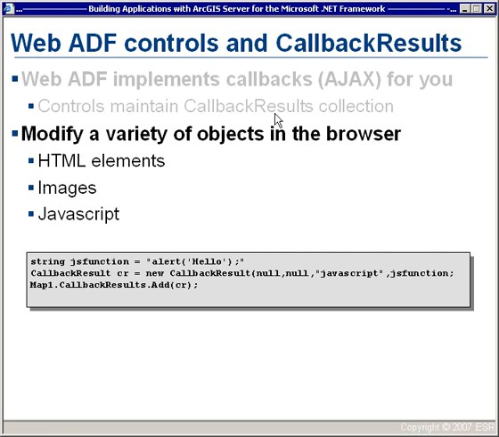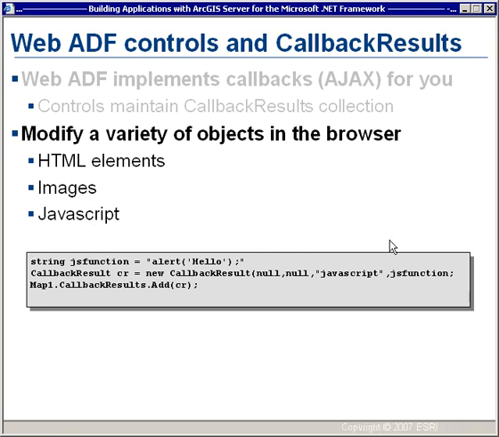So all you have to do is add to that callback results collection, and the Web ADF will take care of the rest. It will send the appropriate response to the client and execute whatever you're trying to do. There's several different things that you can do out of the box. You can change HTML elements. You can send images back to the client. Or in the example that we'll show, you can send JavaScript back to the client.